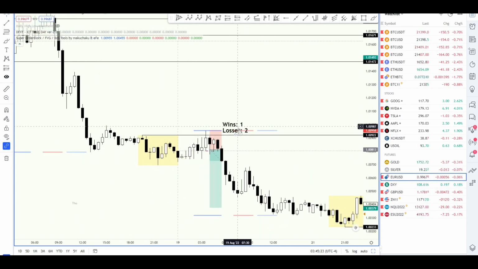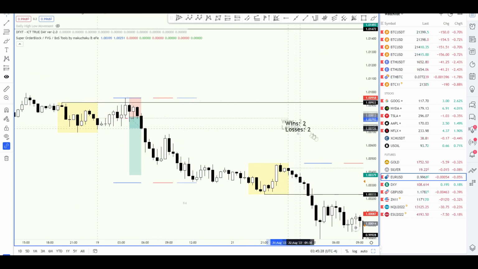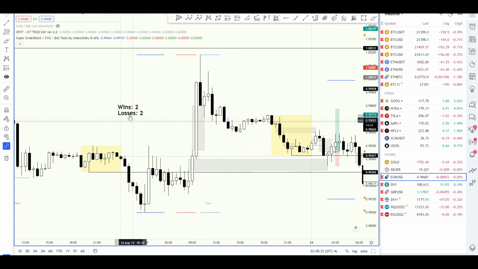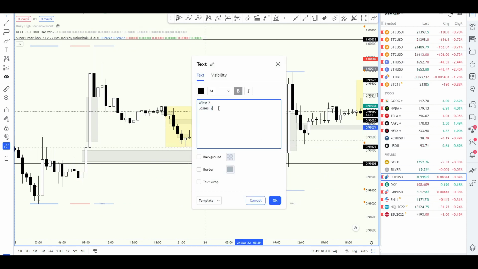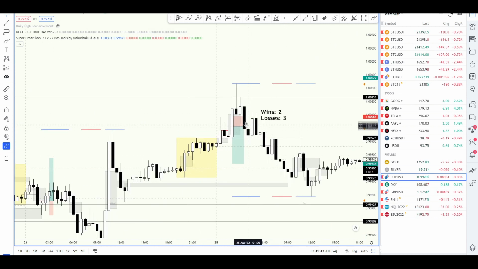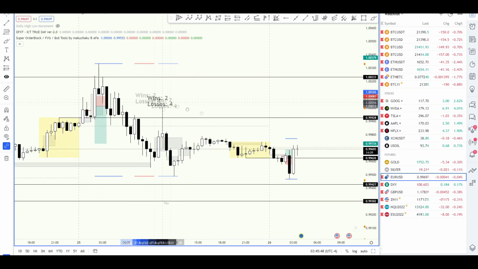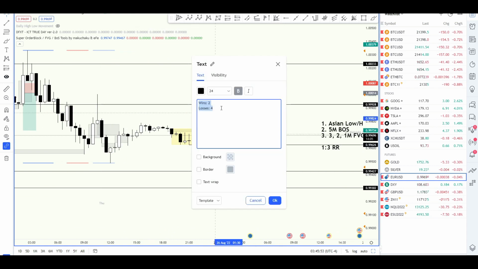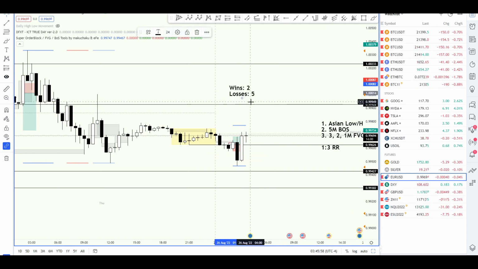It is a winning one. So far 50-50. No trigger. Again, no trigger. That is a losing one. And that is another losing. And what is it? Another losing trade, right? So as you can see, we have the results: 2 wins, 5 losses.